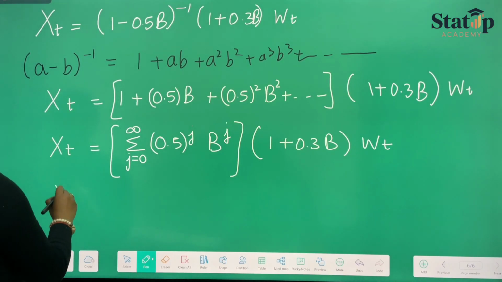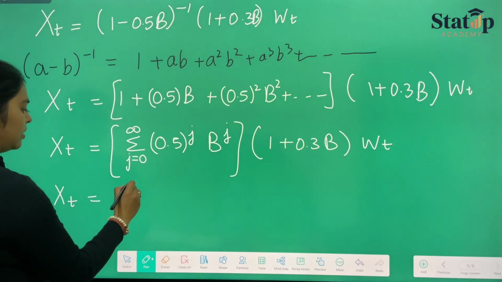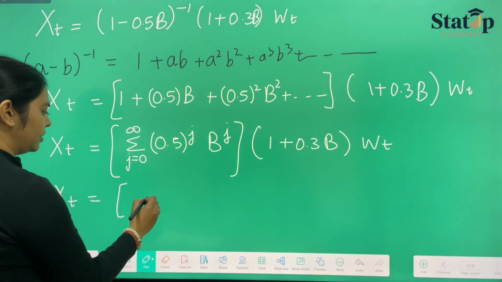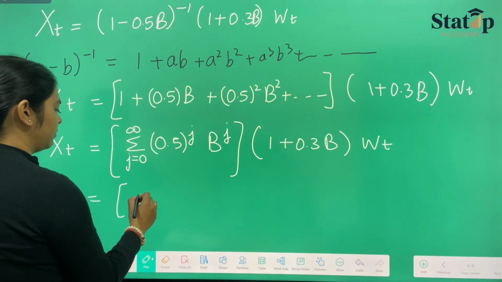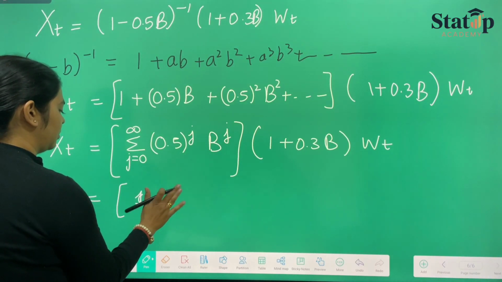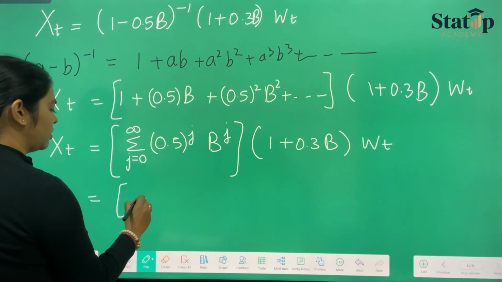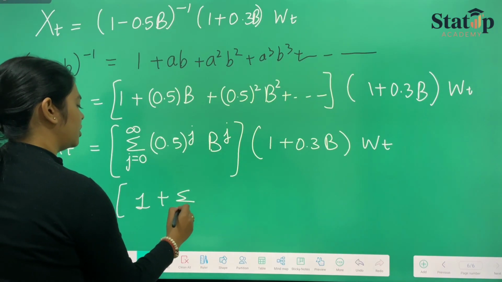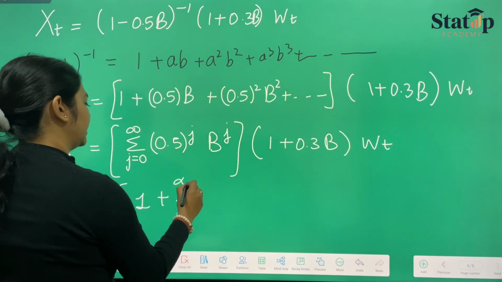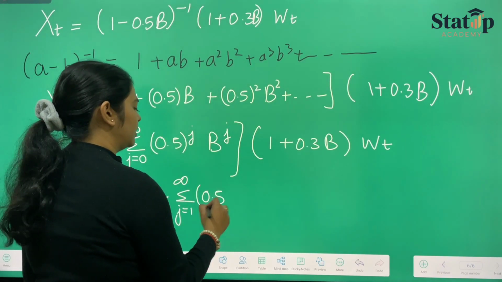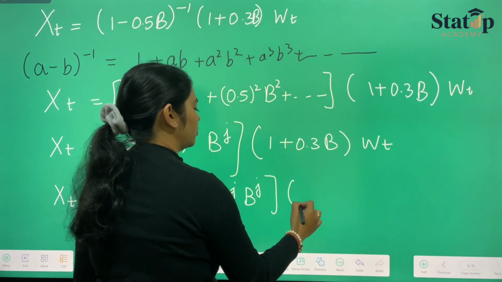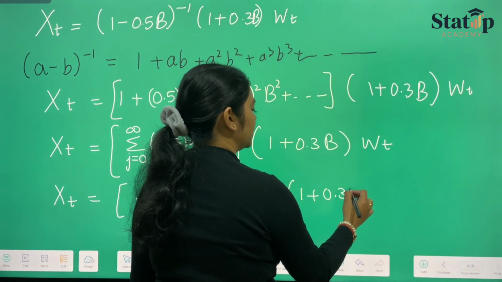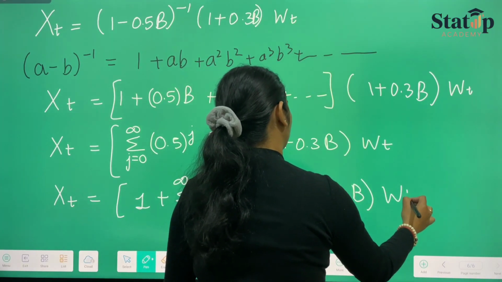Now here we can also write it as, at j equals 0, this would be 1. So 1 plus summation j goes from 1 to infinity 0.5 raised to the power j b raised to the power j into 1 minus 0.3b into wt.